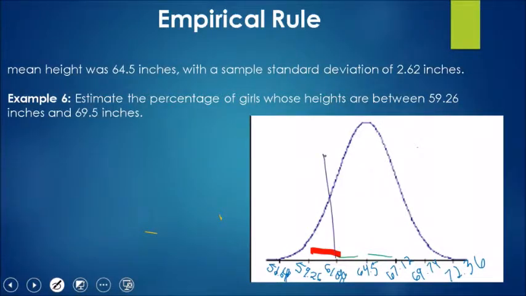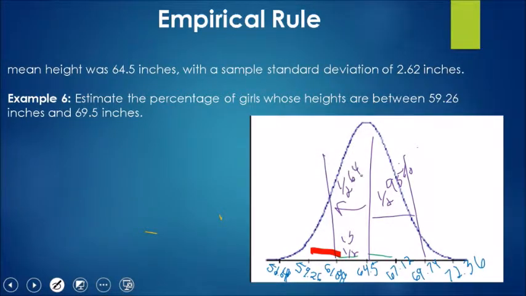61.88, 69.74. That's within 2 standard deviations to the right, which is half of 95%, because it only goes to the right, and only 1 standard deviation to the left, but it's half of it, so half of 64. So that's like 32 on the left and 47.5 on the right.